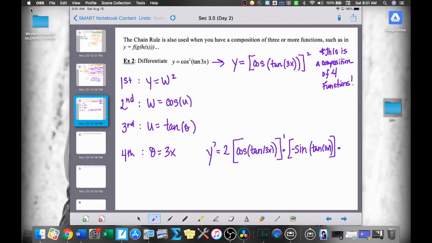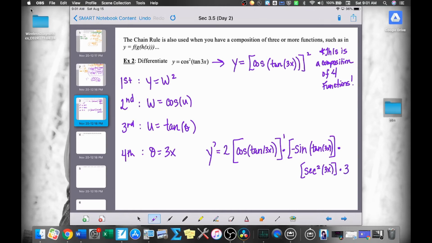And now we're going to multiply by the derivative of what's inside, which is tangent of 3x. The derivative of tangent is secant squared. So times secant squared of 3x. And again, now we have to multiply by the derivative of what's inside. The derivative of 3x is 3.